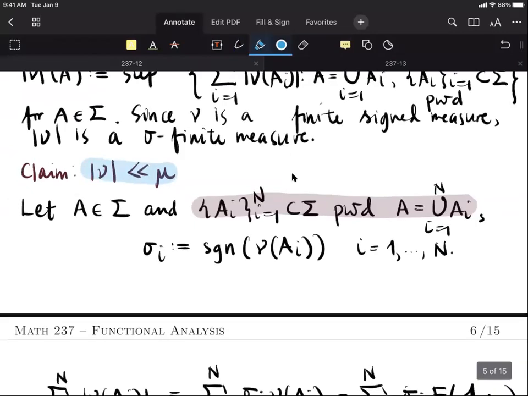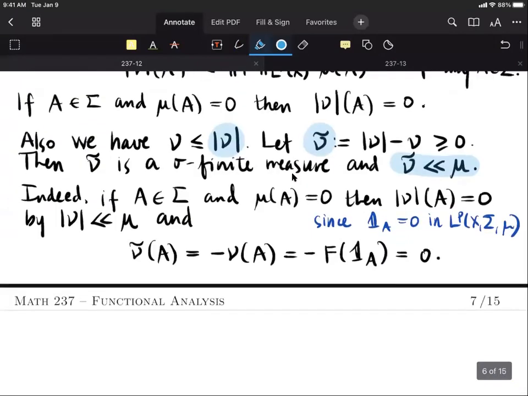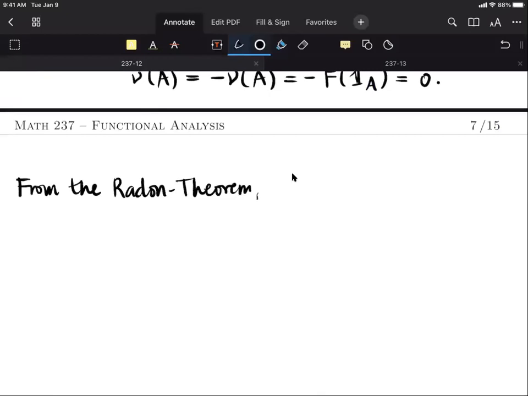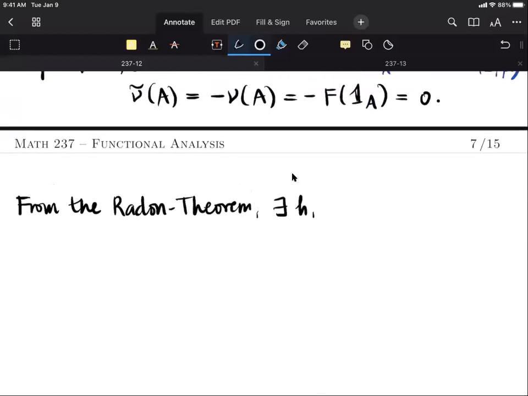So therefore, we can apply the Radon-Nikodym theorem. Invoking that theorem, there exist L1 functions, let's say h and h tilde.